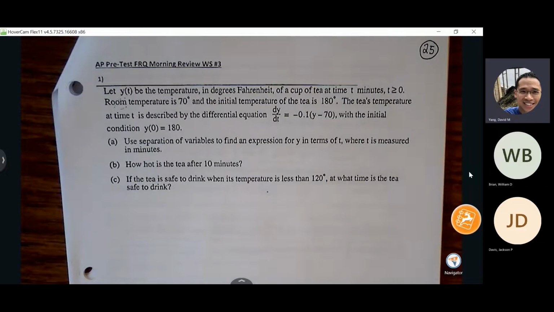All right, let's look at number 1, starting with differential equation. This is page 25.